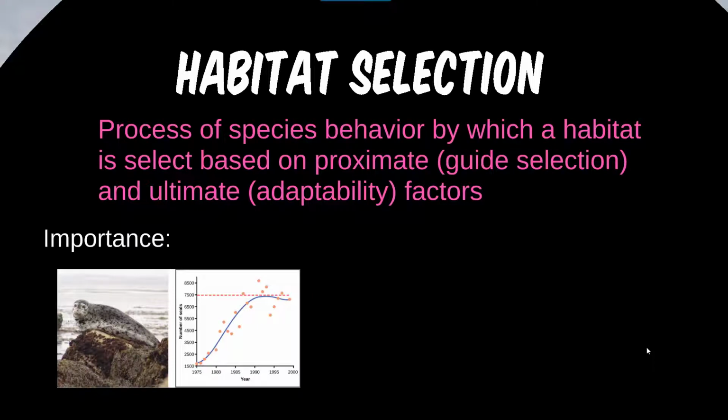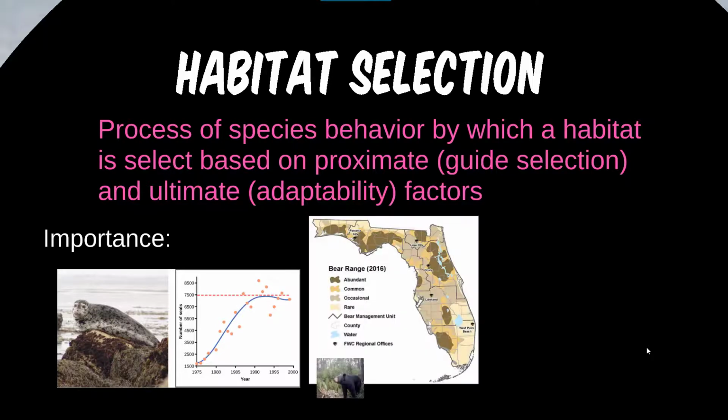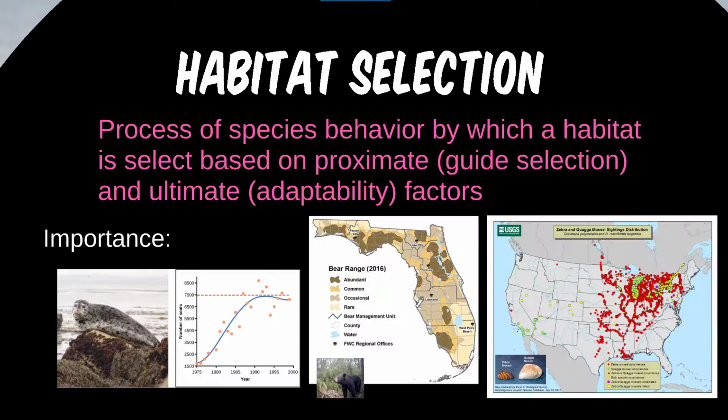It's very important not only in terms of describing things such as population density, but also the population distribution of an organism, as well as its pervasiveness and its occurrence and ability to infest a region, such as in invasive species.